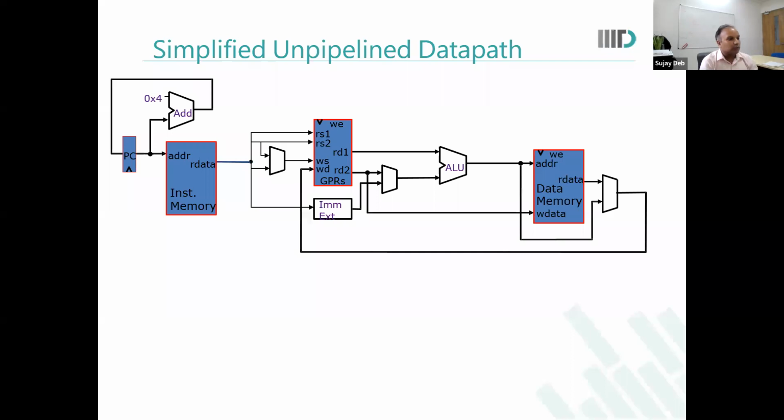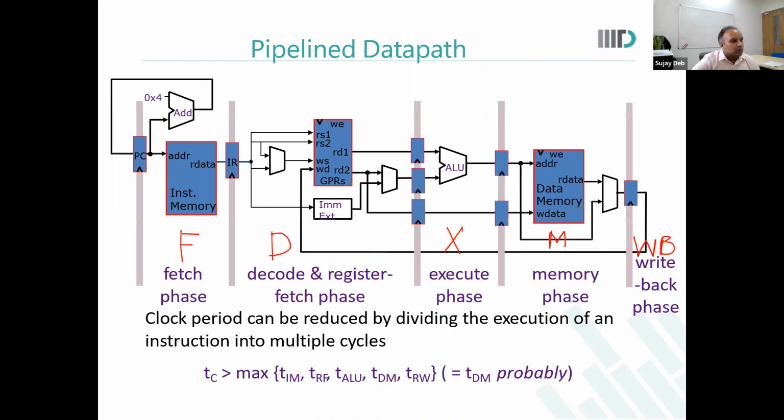These are the simplified version of the 5 stages. We have got rid of most of the clutter, and now we are saying that we would introduce pipeline in this simplified, unpipelined data path. So how do we introduce pipeline? We basically have to have sequencing elements, because otherwise these are electrical wirings, right?